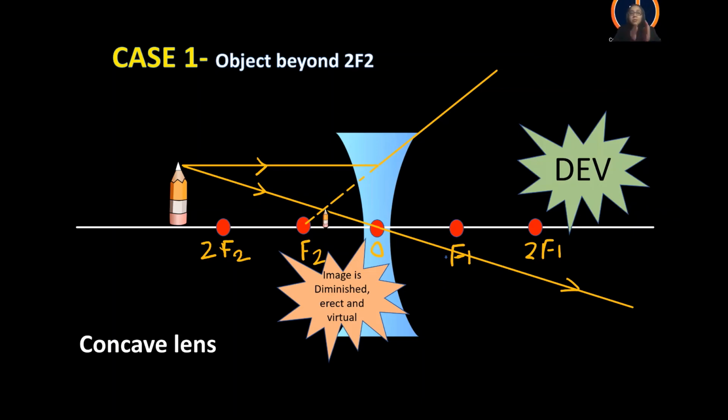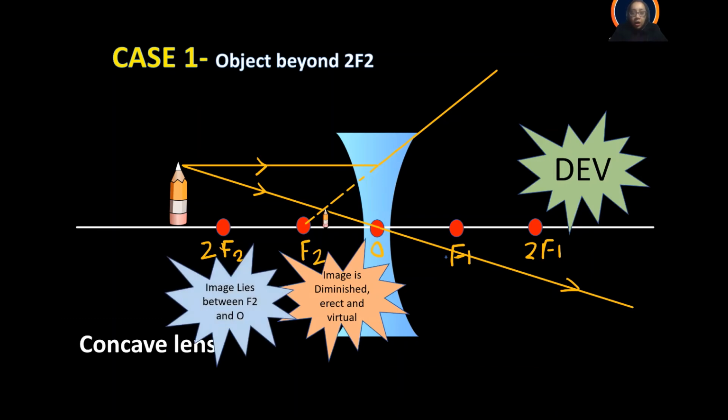Both convex mirror and concave lens form a DEV image. This is the rule that you can remember for the future. So what is the image position? It lies between F2 and O. And the image nature or property is DEV, that is diminished, erect, and virtual.